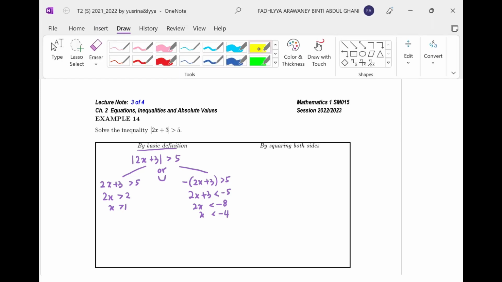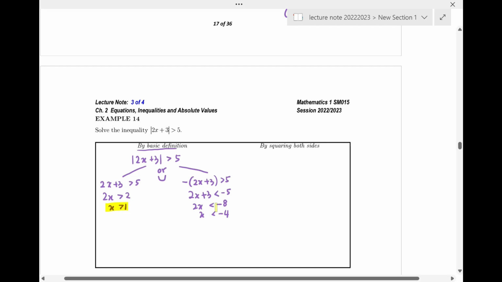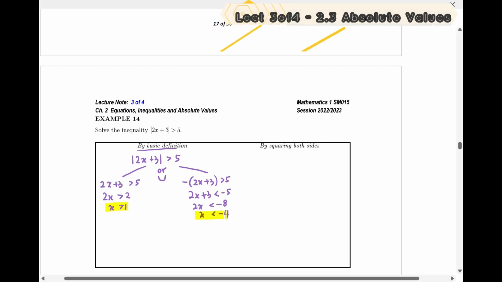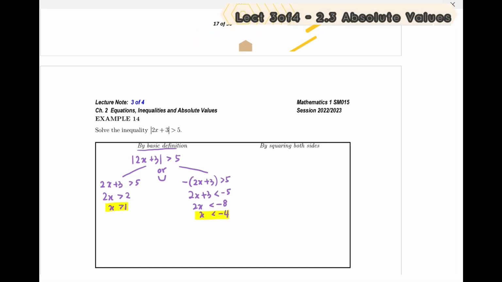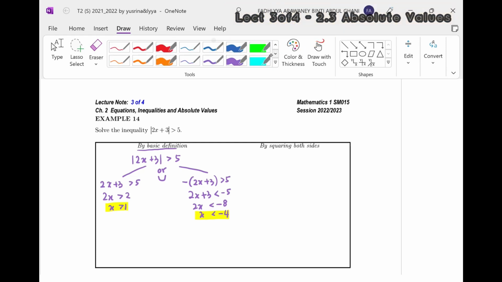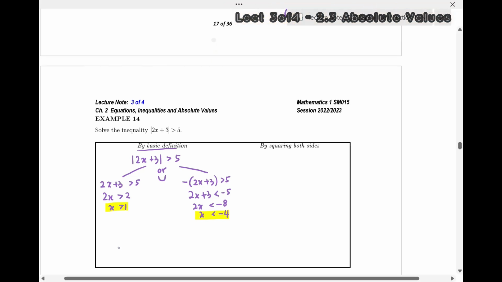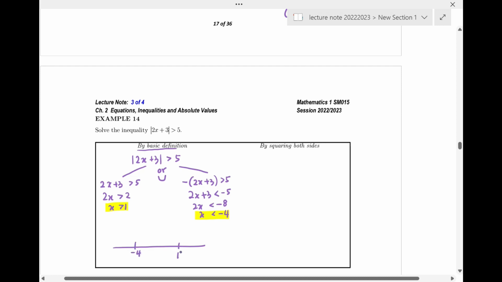I'll be highlighting this again. I have to draw my number line in order to combine these two answers. So I have negative 4 and 1. First, greater than 1 is an open circle. And another one is less than negative 4.